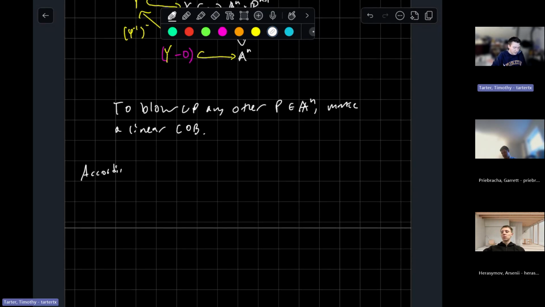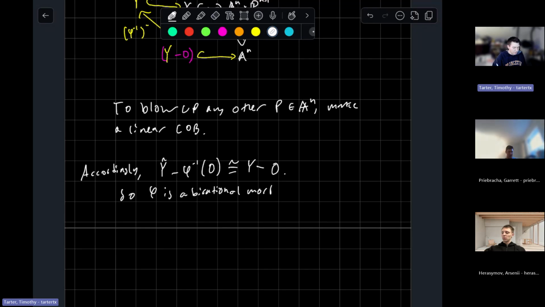So accordingly, y squiggle minus phi inverse of 0 is isomorphic to y minus 0. So phi is a birational morphism of y squiggle to y.